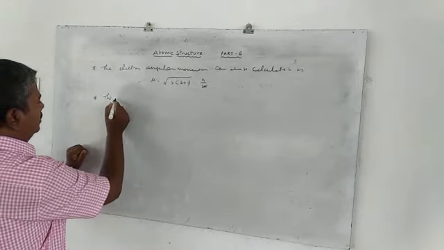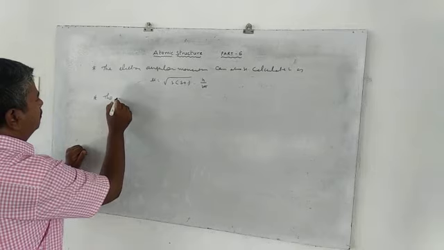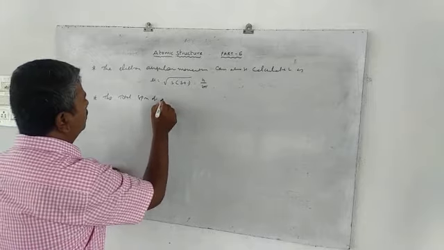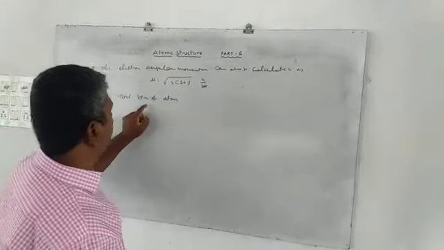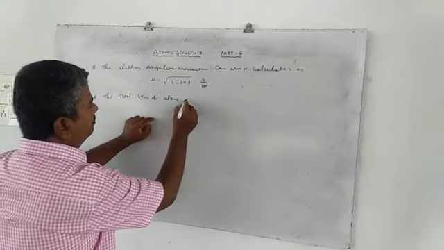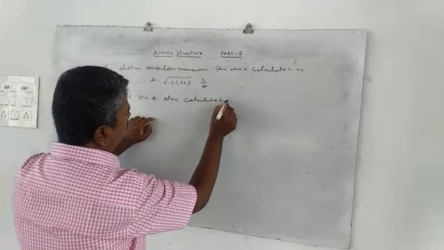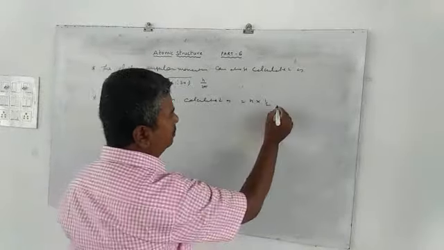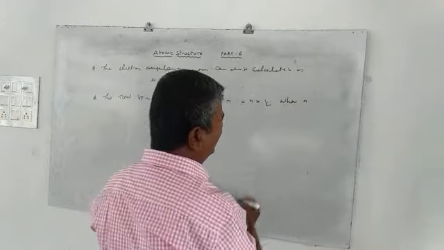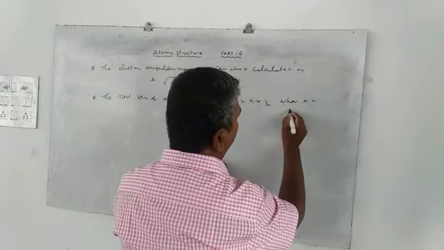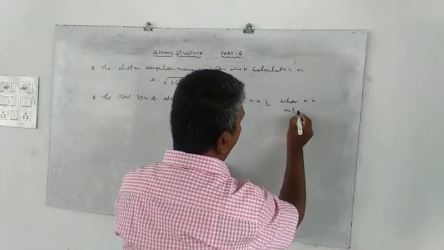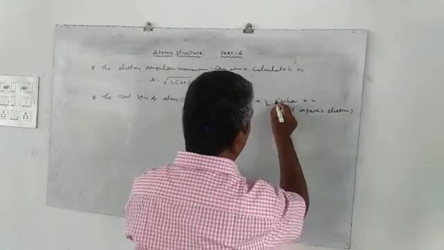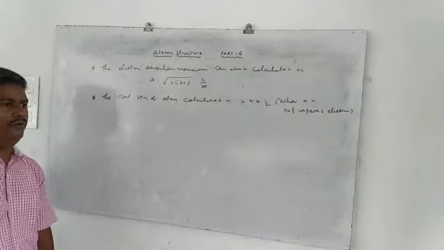That means the total spin of an atom is calculated as n into half, where n is the number of unpaired electrons.